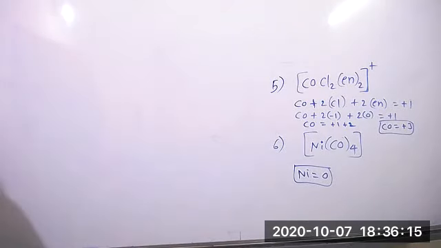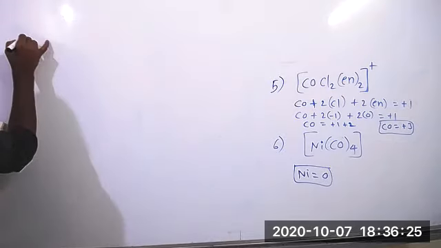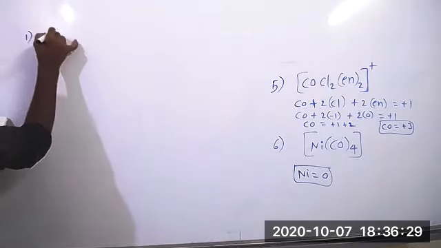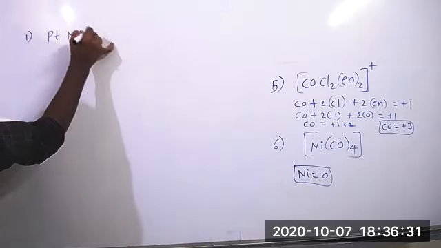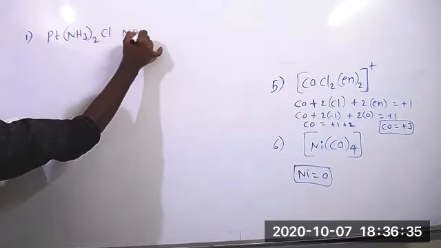So I will write complexes one by one. I will ask, tell me what is its oxidation state. Platinum, NH3 twice, Cl, NO2.